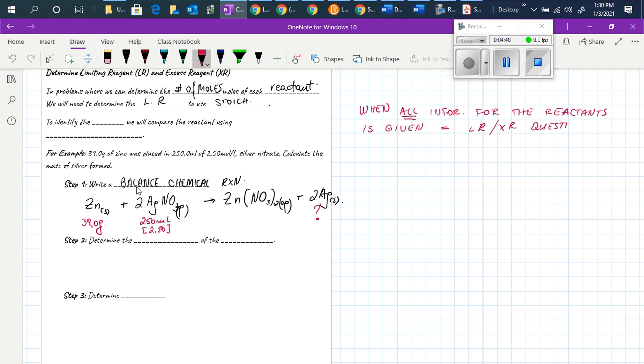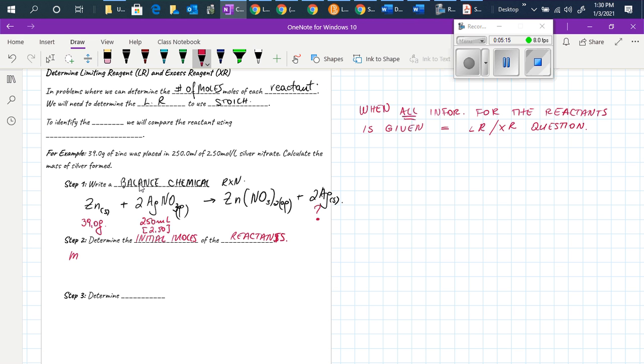And you can solve it in one of the two methods that I will show you today. So as a second step, let's identify the initial moles of the reactants, both of them.